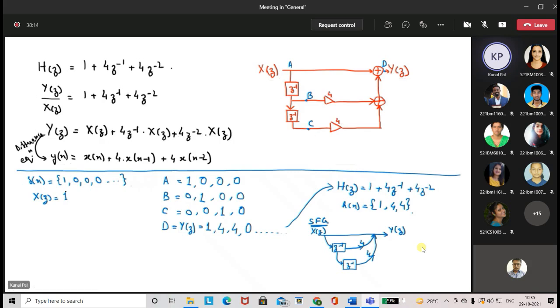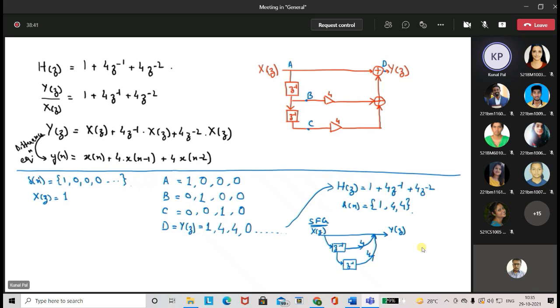So for the realization of the filter, if you have to analyze whether it is a stable filter or a non-stable filter, what have we discussed? We have discussed that if we give an input impulse signal and check the output signal, and if the output signal dies down as time tends to infinity, then it would be a stable system.